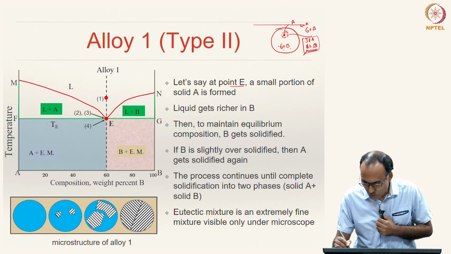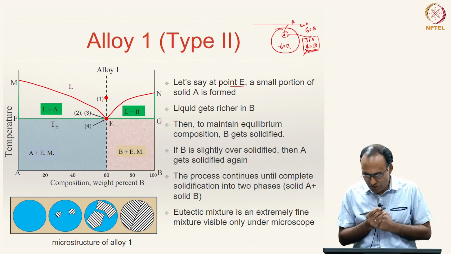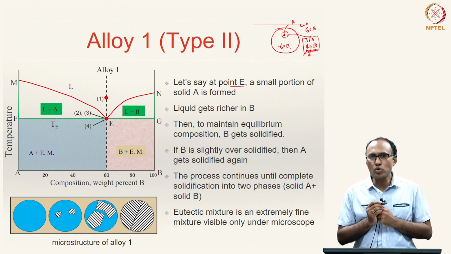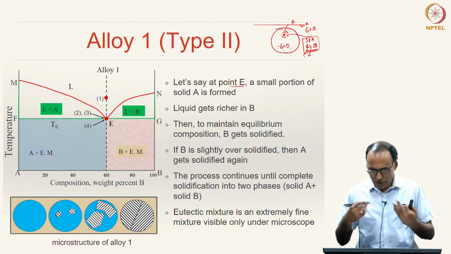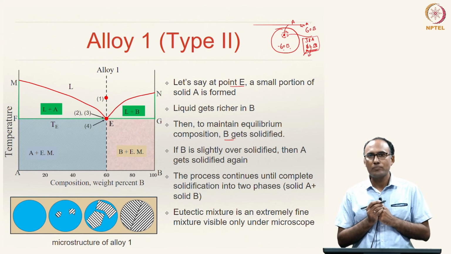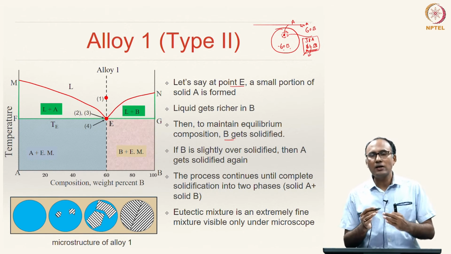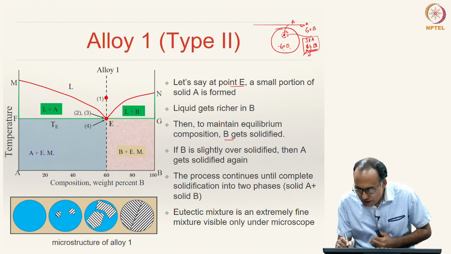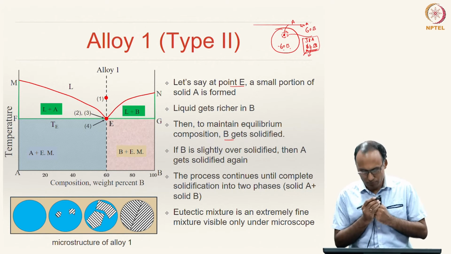Now it has become 62, and hence to maintain equilibrium it will give away this 2, whatever. So, some amount of B gets solidified, but it is possible that while B is getting solidified, it might not exactly give away 2, it might give a little bit more.